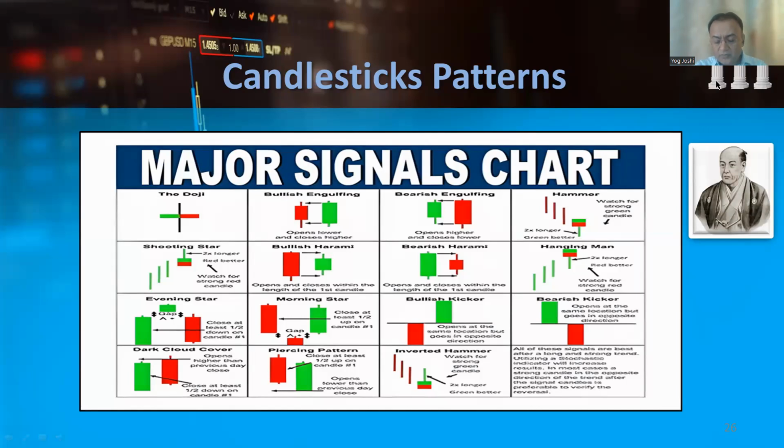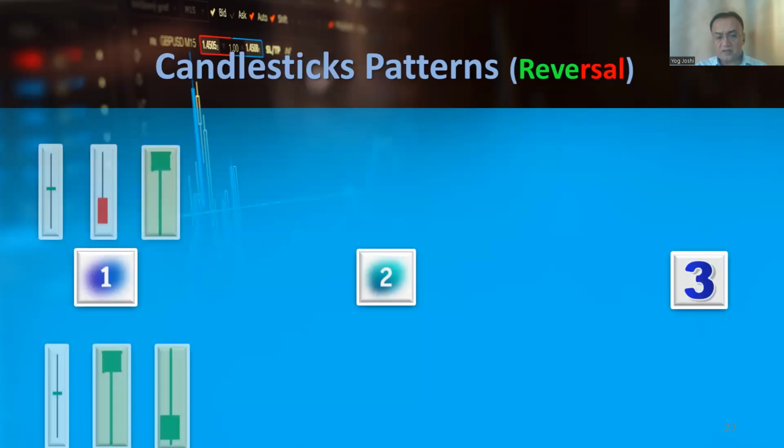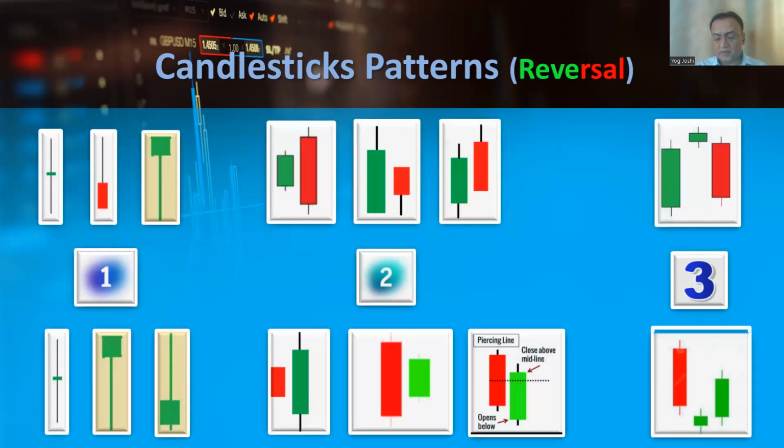With the help of candlestick patterns and charts, he made almost 100 consecutive winning trades in rice trading. There are three types of candlestick patterns: single, double, and triple candlestick patterns.